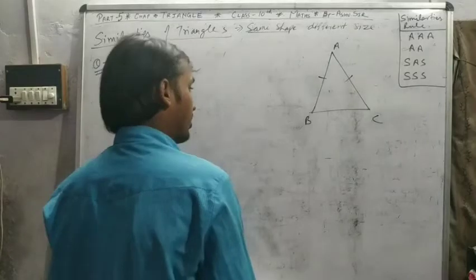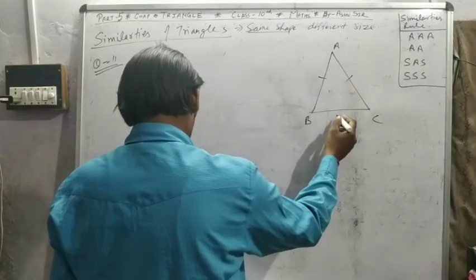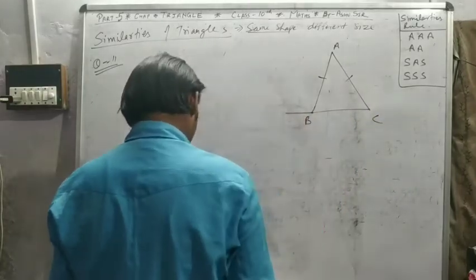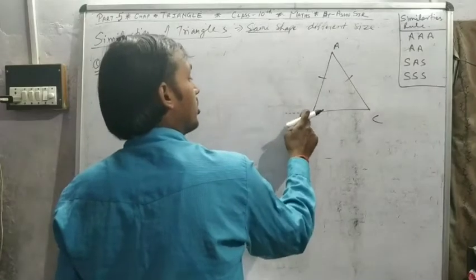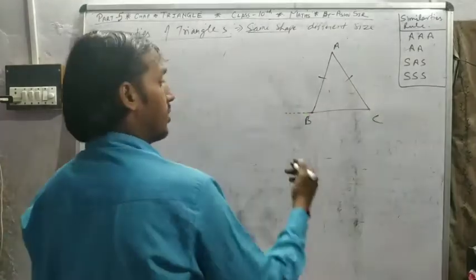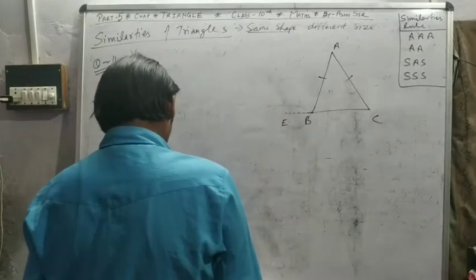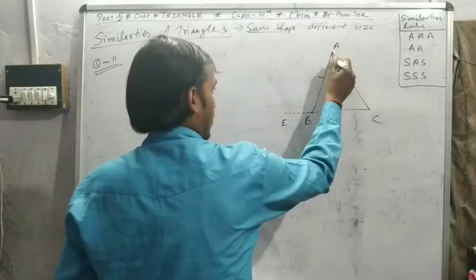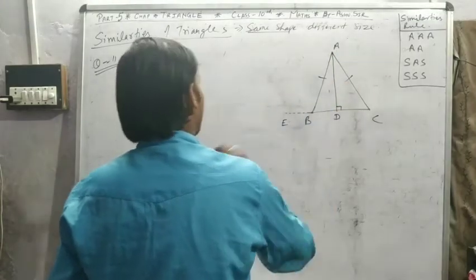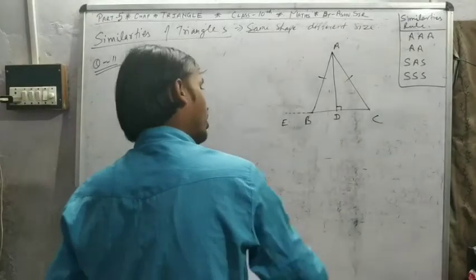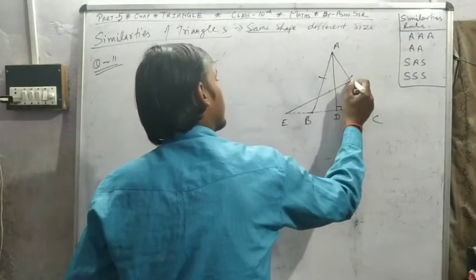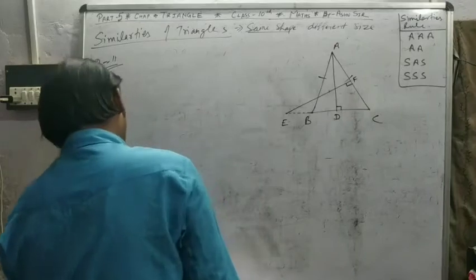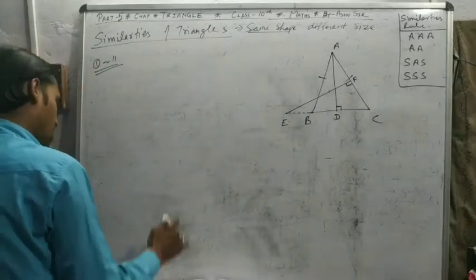E is a point on side BC produced. In this figure BC is produced on the left side, you can also produce on the right side, it depends. AD is perpendicular on BC, EF is perpendicular on AC, so prove that triangle ABD is similar to triangle ECF.